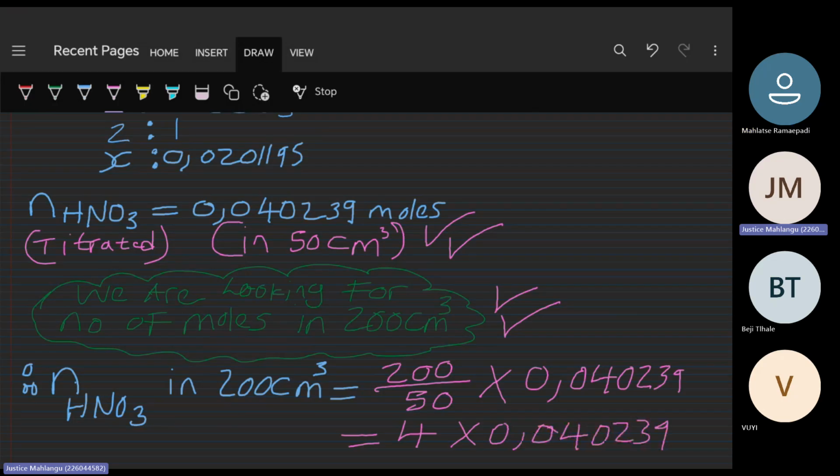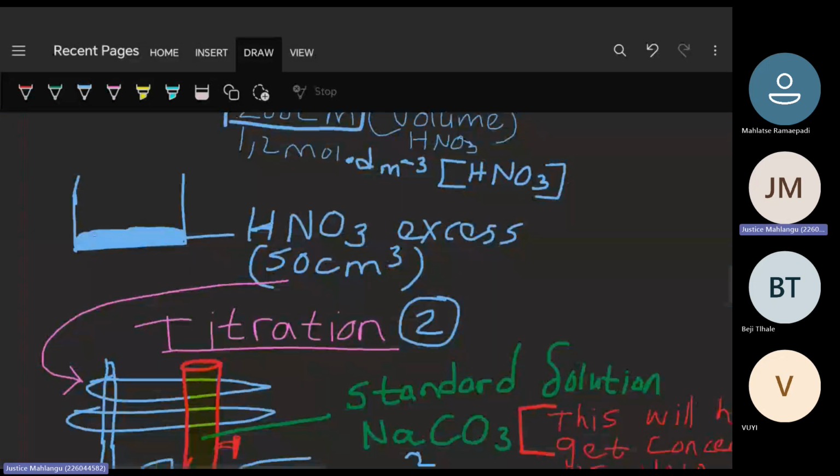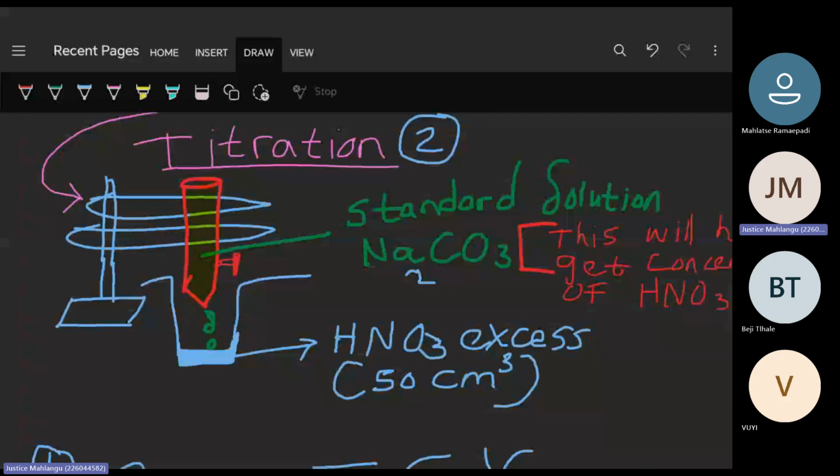So the reason is because we took it from the original beaker. The original beaker, they said it is 200, right? So we want the original concentration in the 200, not in the 50. Because remember, we took 50 of the one that is in excess. We took it, then we titrated it, and after titrating it, we got the number of moles using the standard solution.